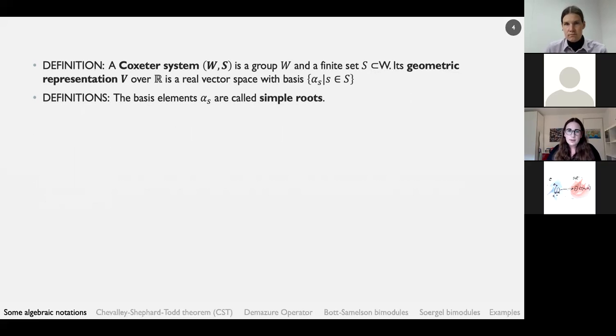This means that V is a real vector space with basis α_s for s in S, indexed by simple reflections s. These basis elements α_s are called simple roots.